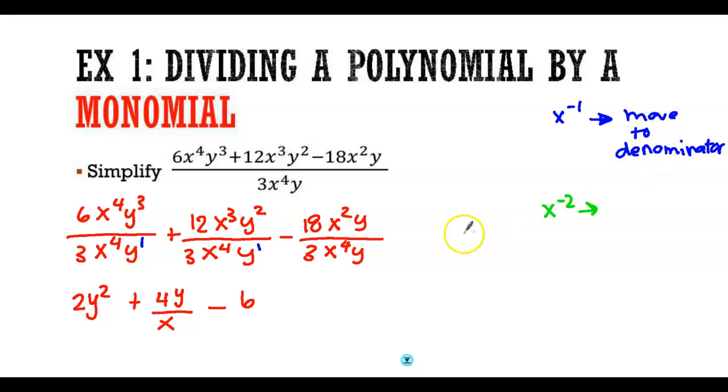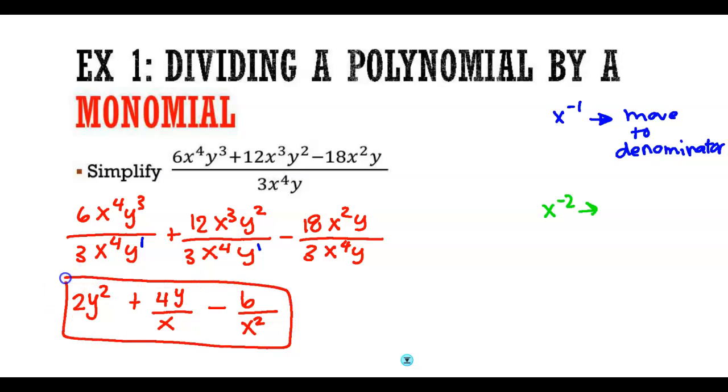So I'm going to put on the bottom x squared, and when I move it to the denominator, it makes my exponent positive. And then y to the power of 1 minus the power of 1. 1 minus 1 is 0. I don't actually have to write that. So we are done with this problem. We have divided the polynomial by the monomial.